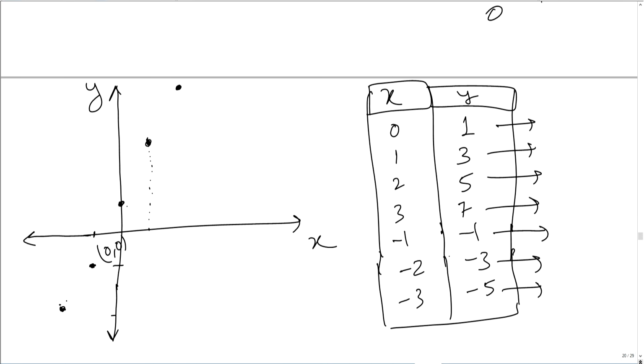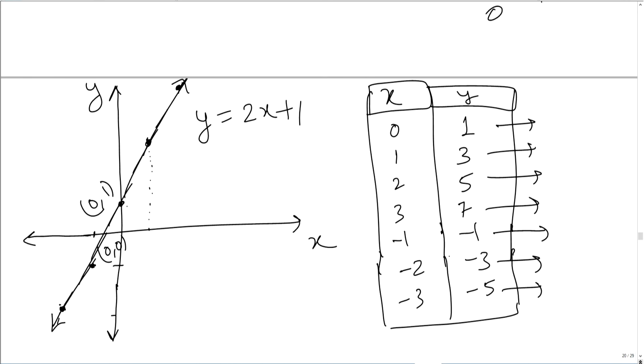When you join these points, you will get the shape of the curve on the xy plane, and you will see that it looks like a straight line. So this is actually the graph of the equation y equals 2x plus 1, and this line cuts the y-axis at (0, 1), and it also cuts the x-axis at some point.